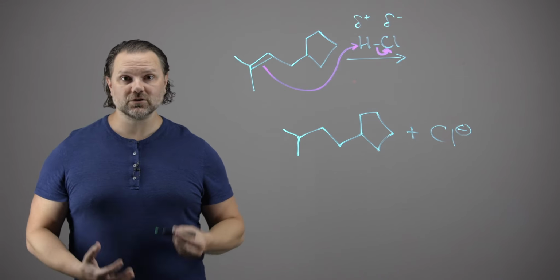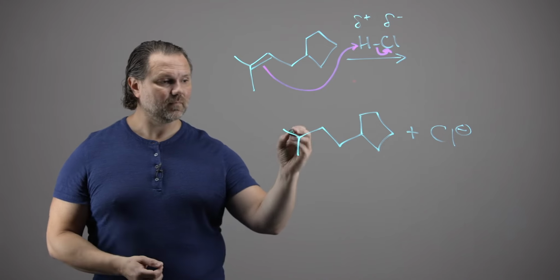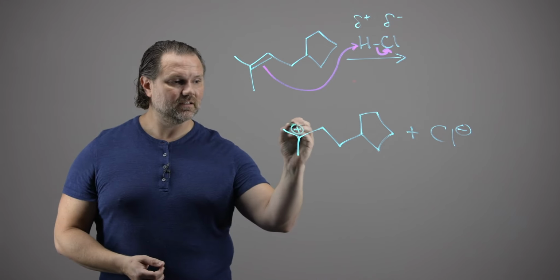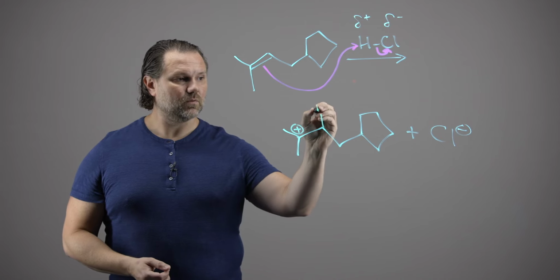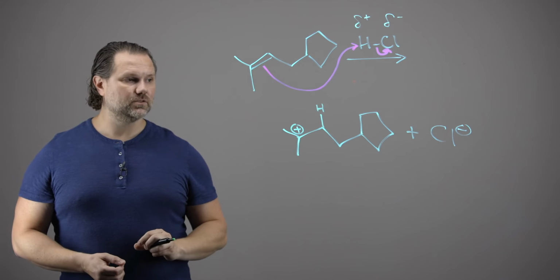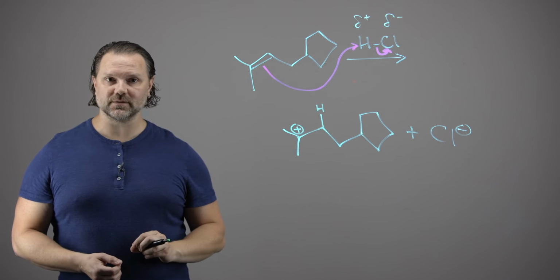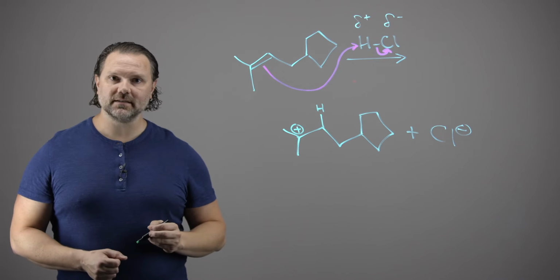Since we know that the tertiary carbocation is more stable than the secondary, this is where our formal charge is located, and if we want, we can show that new bond to the hydrogen that has been transferred from hydrogen chloride. So here's our reaction intermediate.